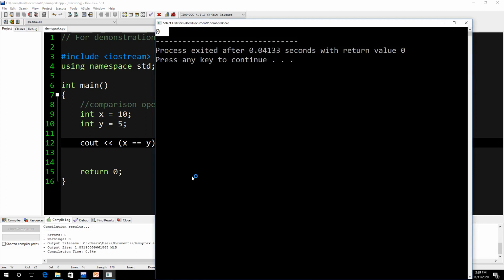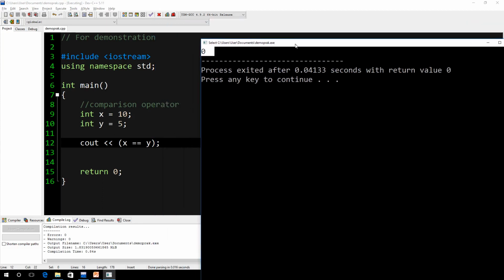So in our boolean, the data type that I discussed, boolean has only two values. It could be true and it could be false. But the words true and false are not values in our program. If it is true, it will give you 1, and if it is false, it will give you 0.